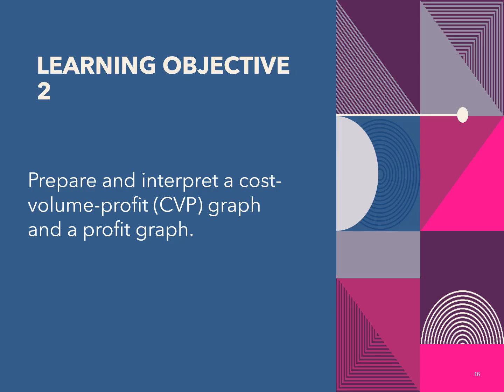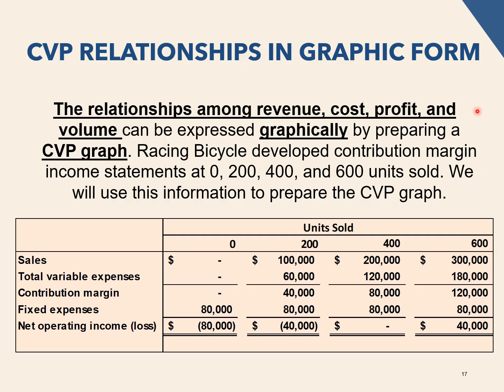Learning objective number 2 is to prepare and interpret a cost-volume-profit graph and a profit graph. The relationships among revenue, cost, profit, and volume can be expressed graphically by preparing a CVP graph.